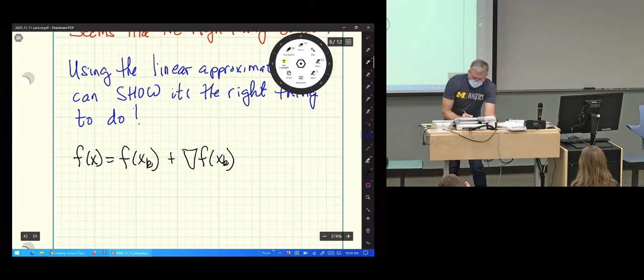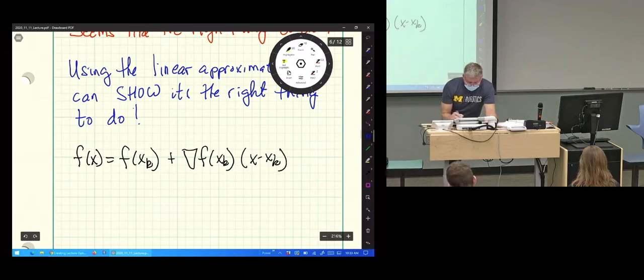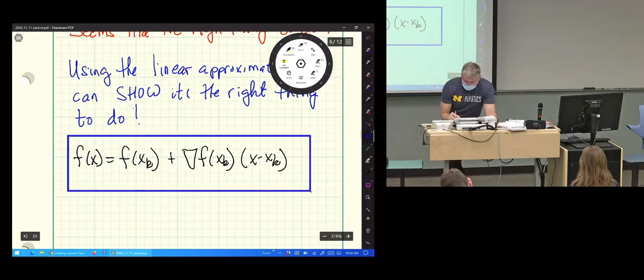So this is the Jacobian when f is real valued and it depends upon a vector. Okay, so that's the linear approximation.